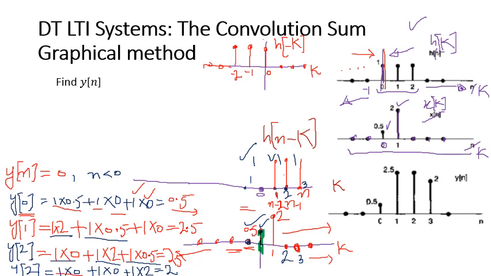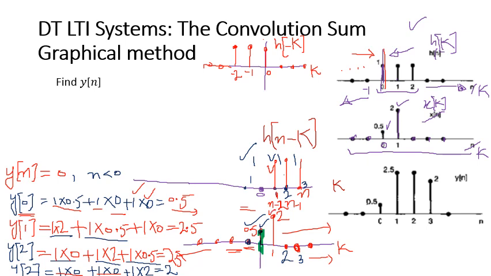Again, for the second sample, this is at 2, and at 2 the signal is 0, so 1 into 0 will again result in 0. At position 1, the response is 1 and the signal has value of 2, so 1 multiplied by 2 will result in 2.